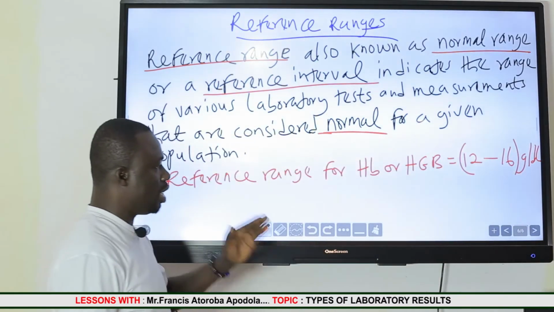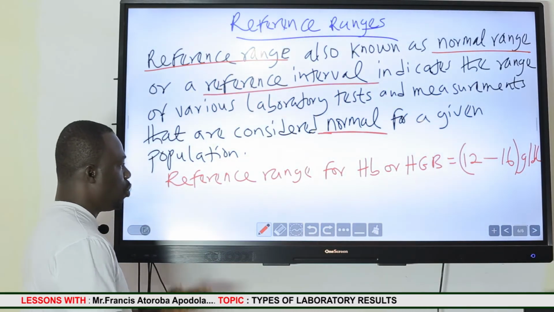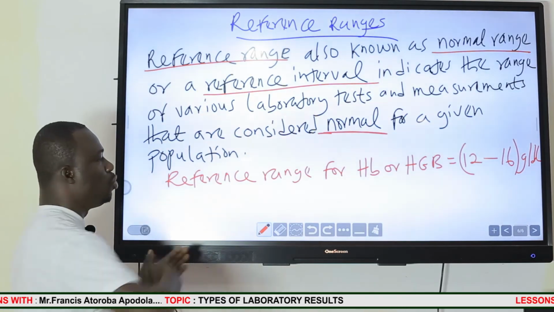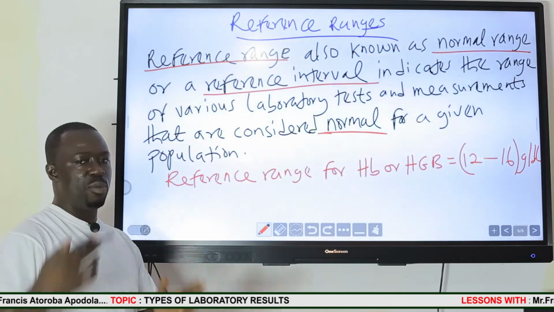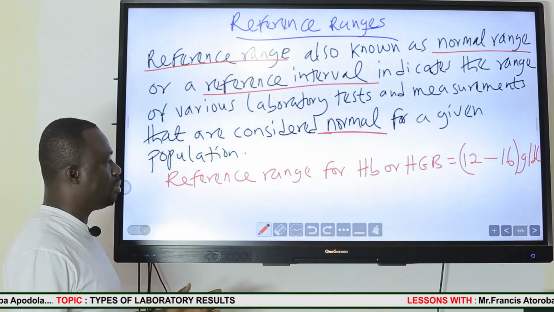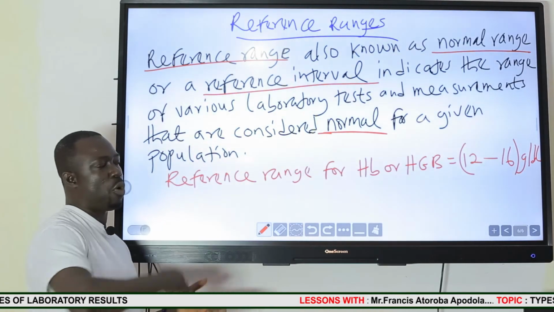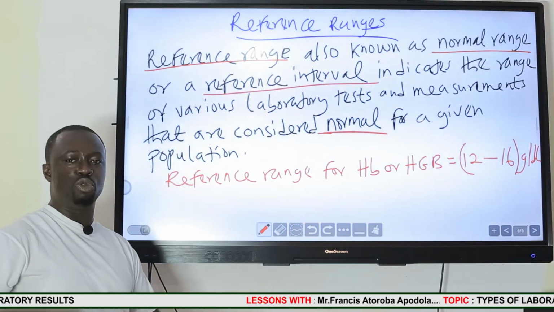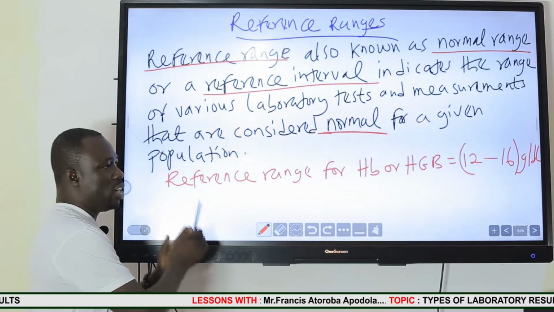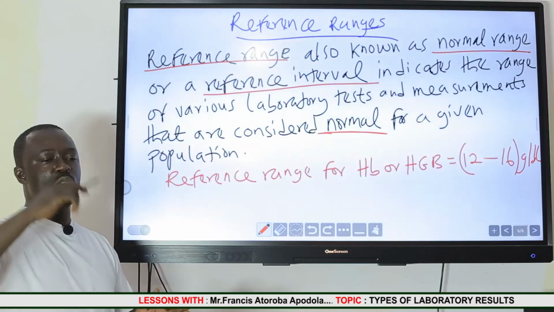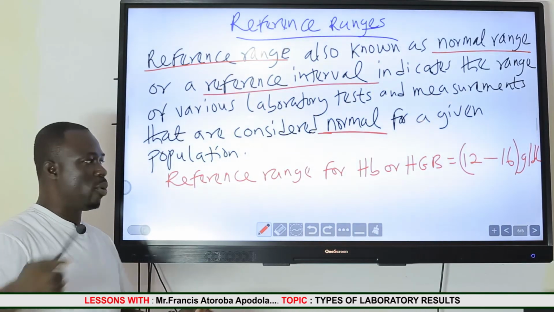So this is the reference range. Reference is something we look at. In laboratory test examinations or investigations, we always have something to compare to in order to determine that a particular test result is normal or abnormal.